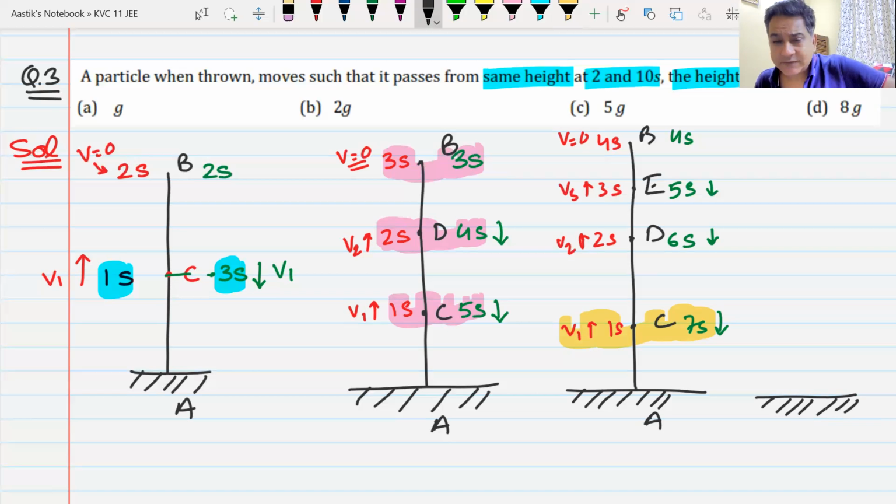How much is the total time of flight? Tell me. Fast, fast, fast.